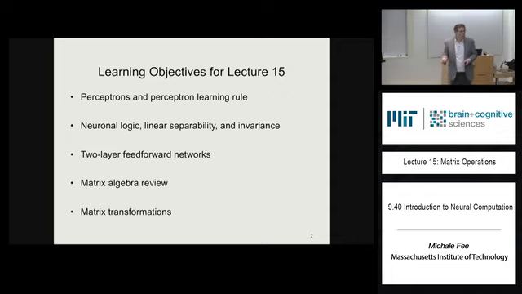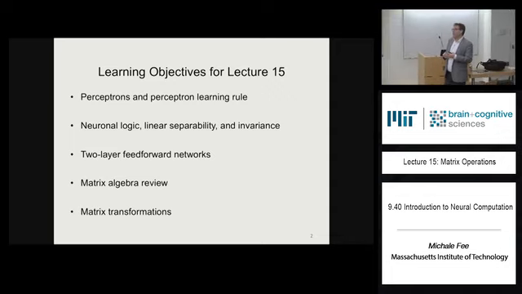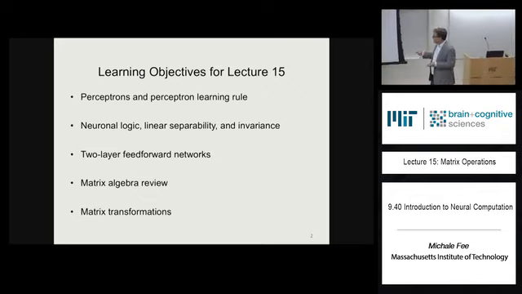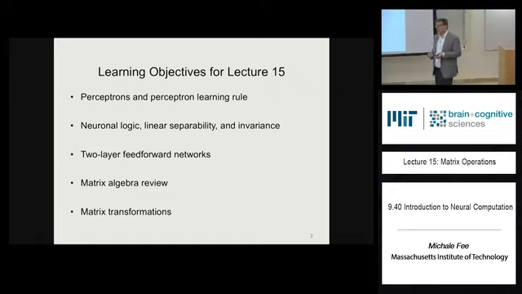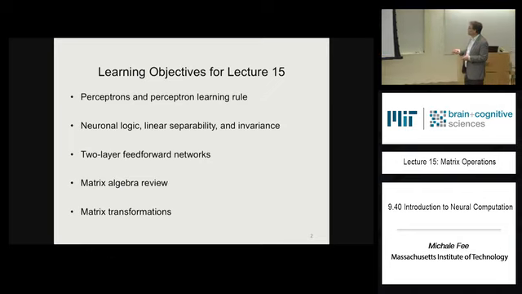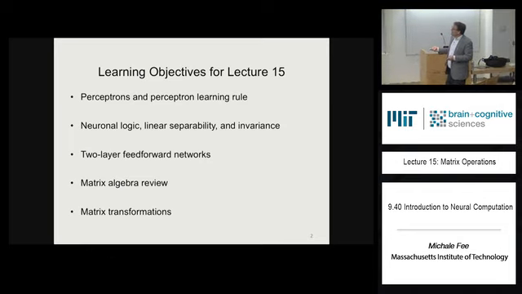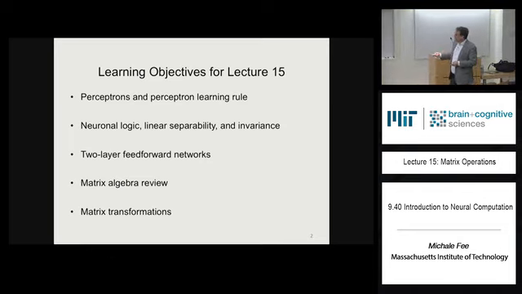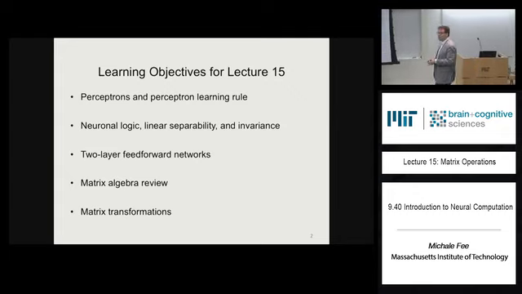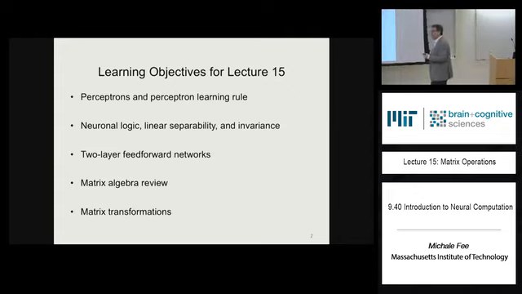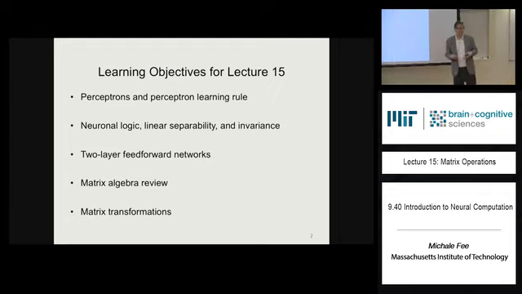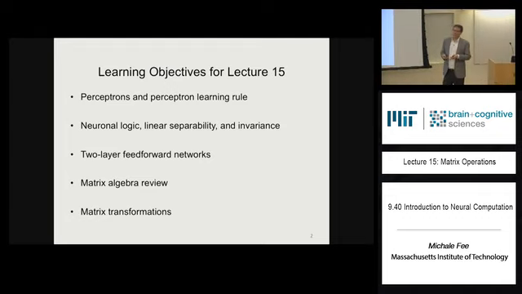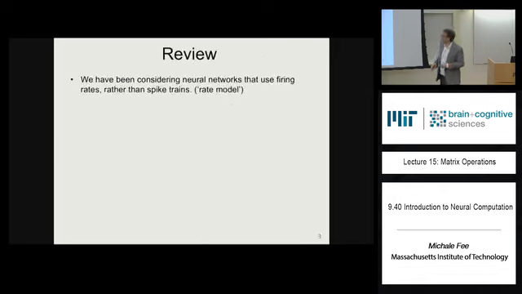Then we're going to turn to a more fully developed view of the math that we use to describe neural networks, and matrix operations become extremely important in neural network theory. And then finally, we're going to turn to some of the kinds of transformations that are performed by matrix multiplication and by feed-forward neural networks.